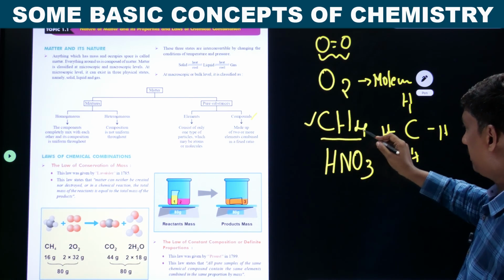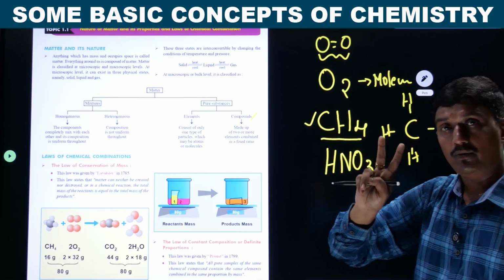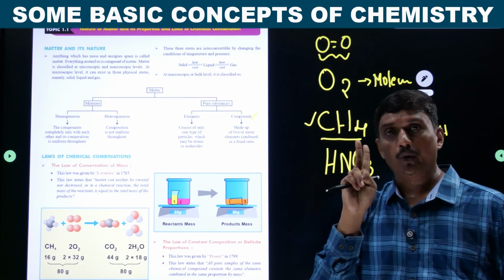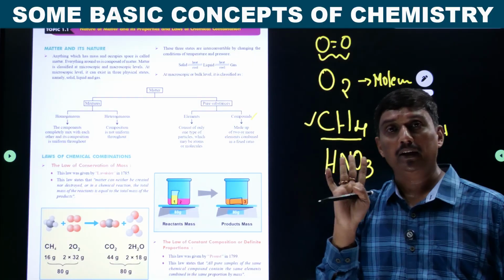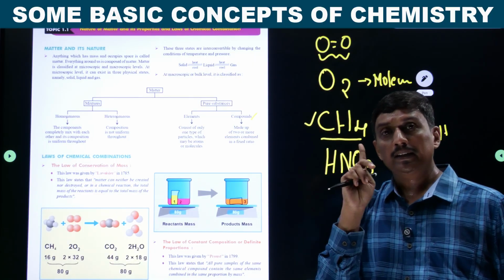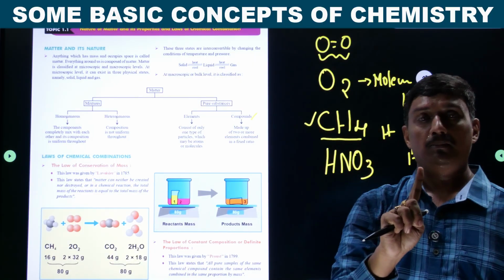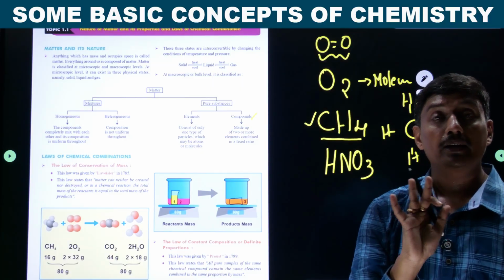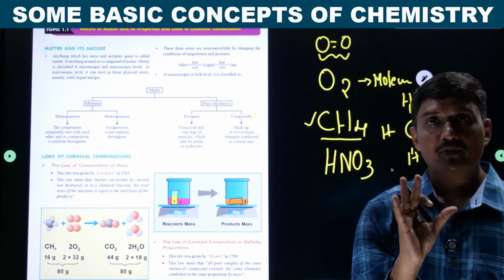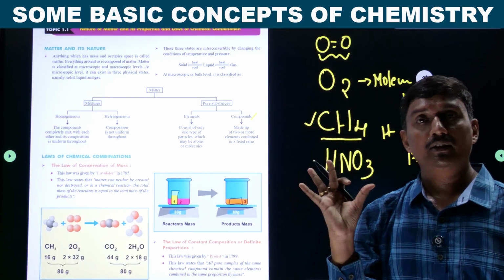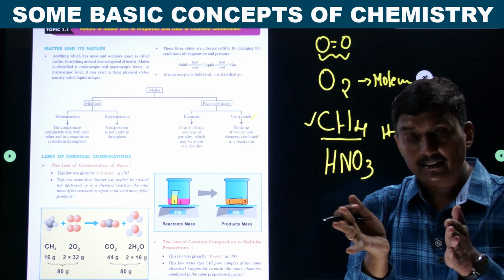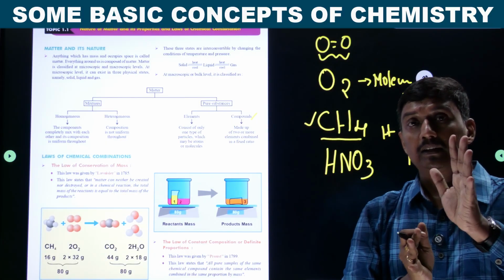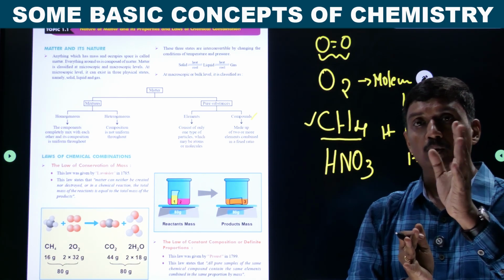Now look into this. It is made up of 2 elements. One is carbon, another is hydrogen. Are carbon atoms and hydrogen atoms the same? No, they are different. Carbon is a different element, hydrogen is a different element, but they are combined in a fixed ratio.